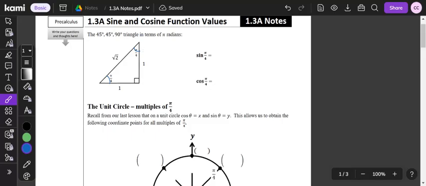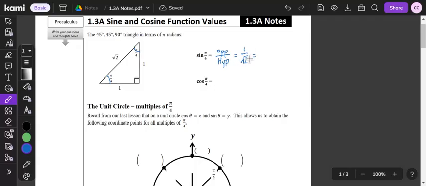Which tells us, if I look at any of these angles and I take the sine value, remember sine is opposite over hypotenuse. I can start on any angle, go to the opposite side. It's 1 over the hypotenuse, which is root 2.